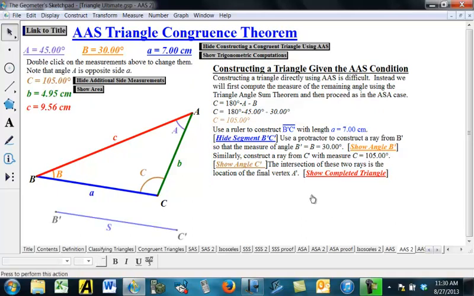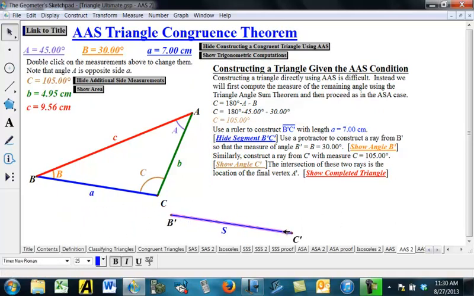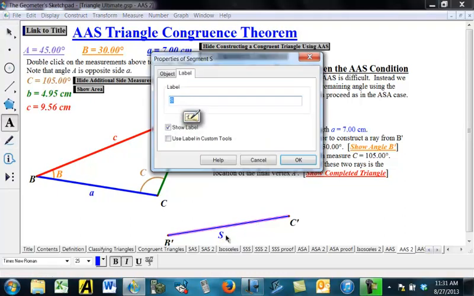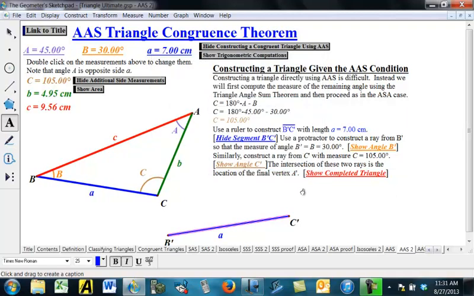Now, to actually construct it, you're going to start by drawing segment BC anywhere you want, but use your ruler to make it whatever length a is supposed to be. So let's label that as a, which is our 7 centimeters. Next, use angle B, which is next to this. Remember, the angle A is opposite a, so A is going to be maybe up here somewhere.